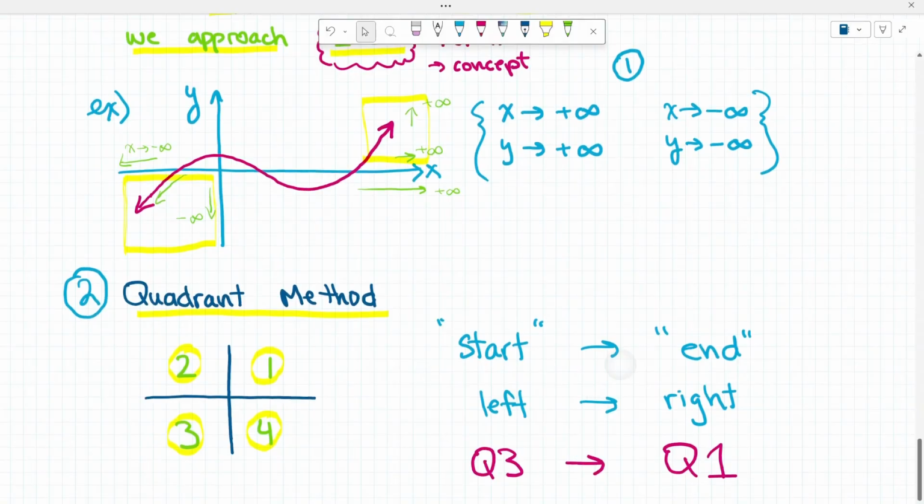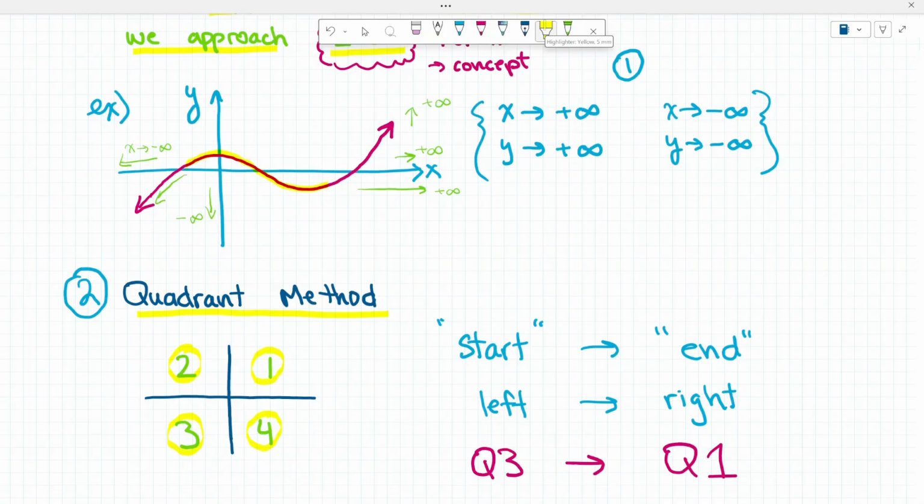One of the most important things about end behavior is that we don't care about local behavior. What that means is all the stuff happening in the meantime, in the middle over here, we don't really care. We don't care if y goes up to infinity and back down in the meantime, or if it swirls around.